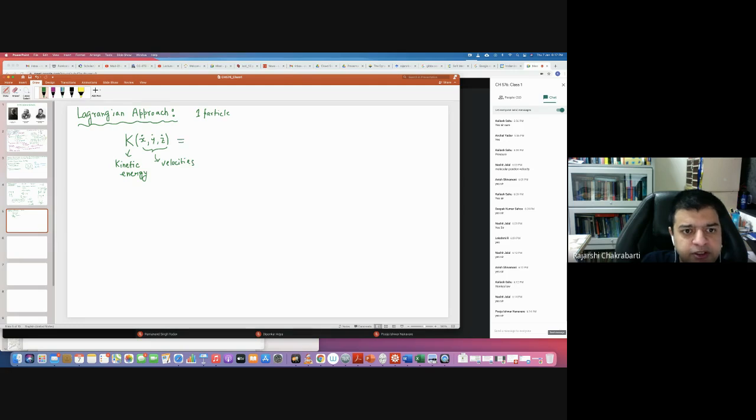Everywhere it is half mv square, chemistry doesn't matter. So m by 2 times x dot square plus y dot square plus z dot square. This is the kinetic energy of the particle.